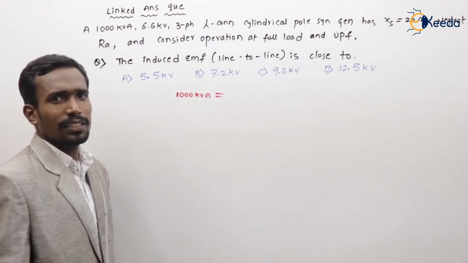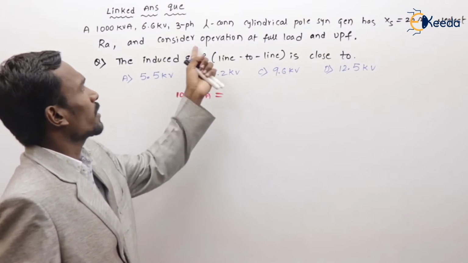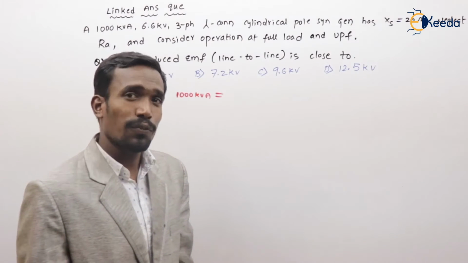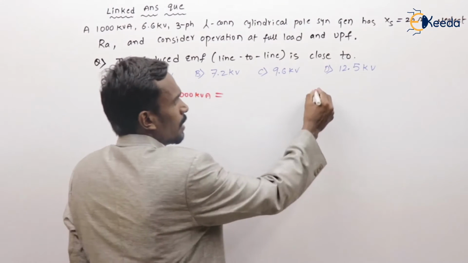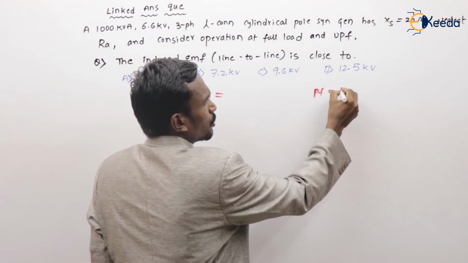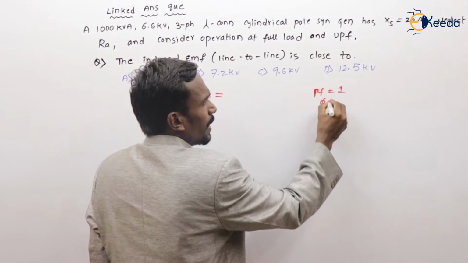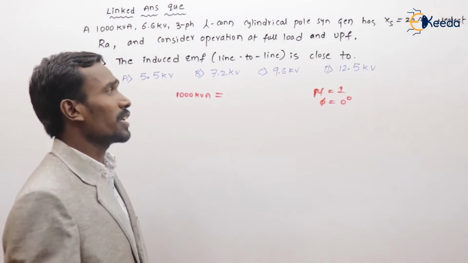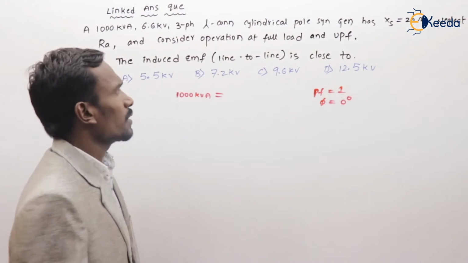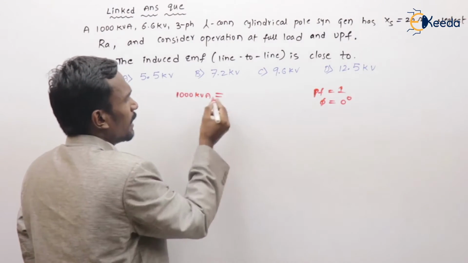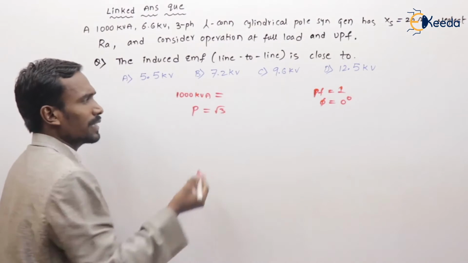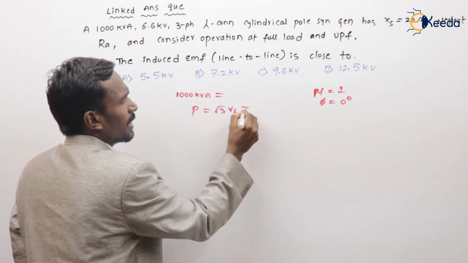Neglect the armature resistance and consider operation at full load unity power factor. Power factor is unity, nothing but phi is equal to 0 degrees. So generally, for active power, apparent power, P is equal to root 3 VL IL.